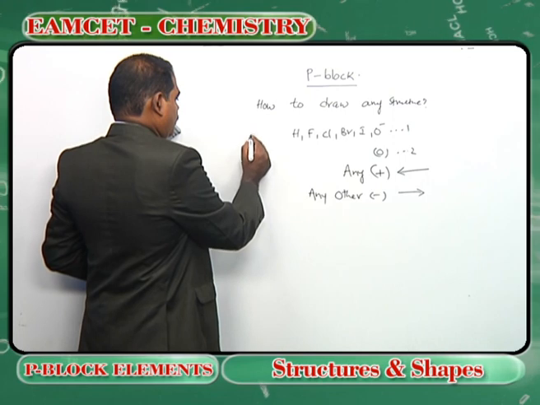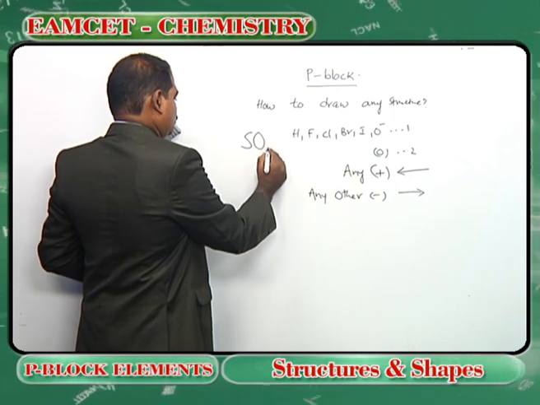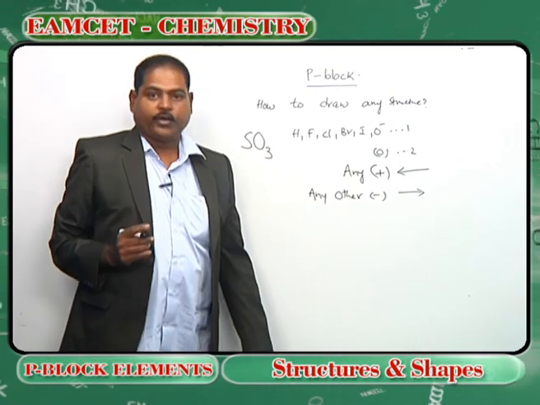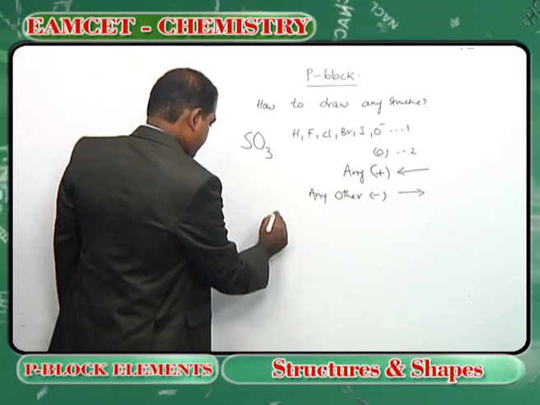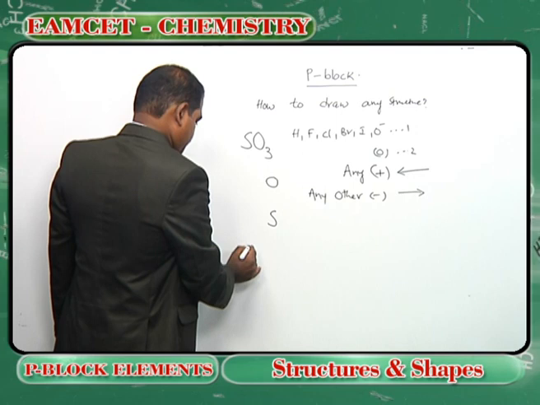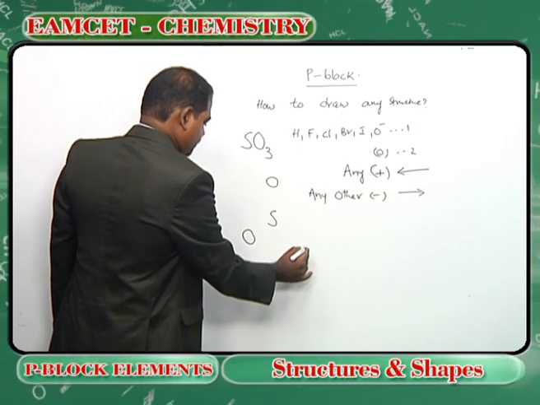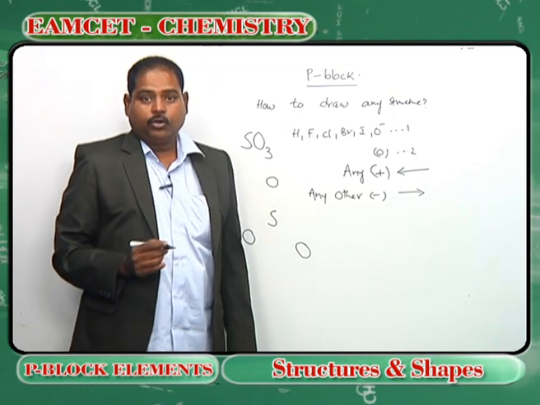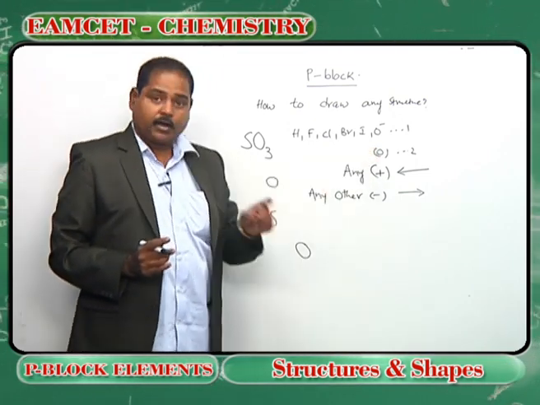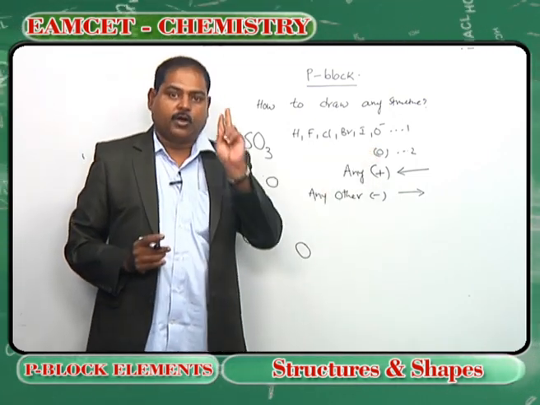How will you draw the structure of SO3? What is it you have in this? One sulfur, the central atom, and three oxygens. Oxygen, wherever it is, forms two bonds.